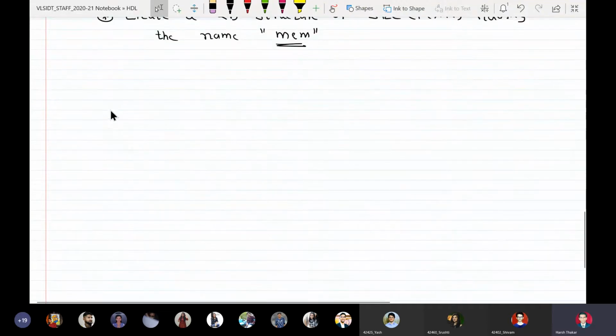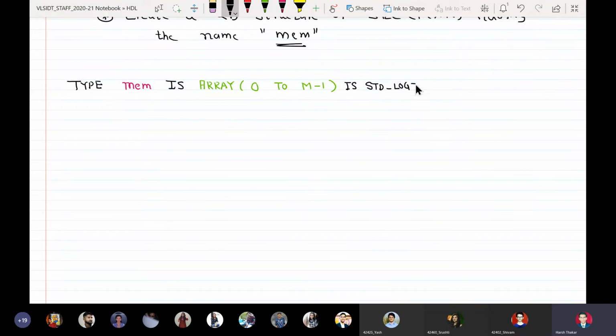Okay, so we have to write down: type mem is array 0 to m minus 1 of standard_logic_vector n minus 1 down to 0.